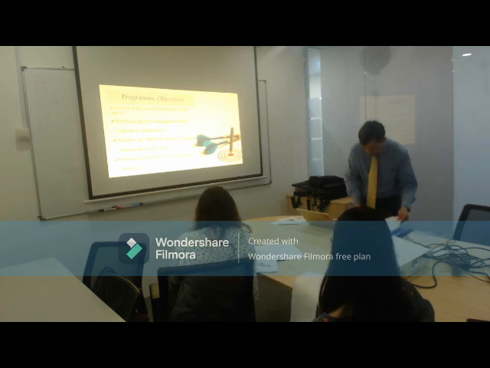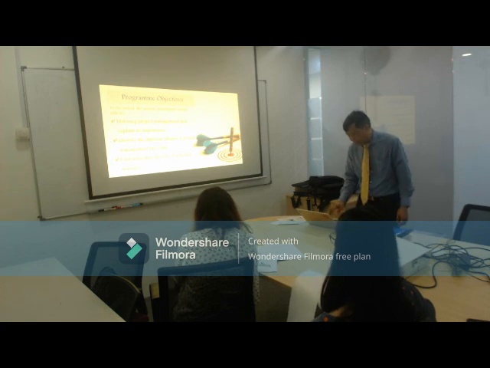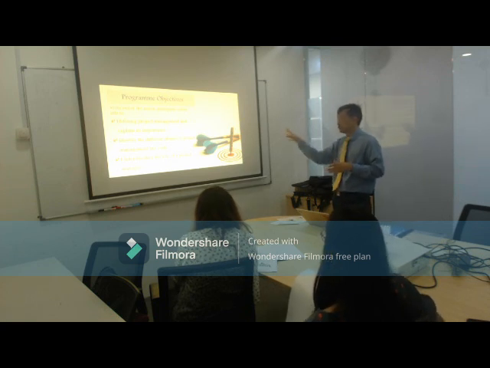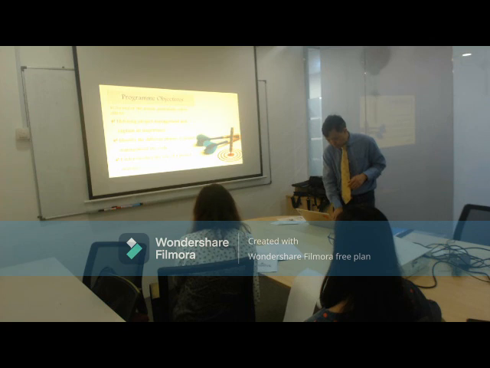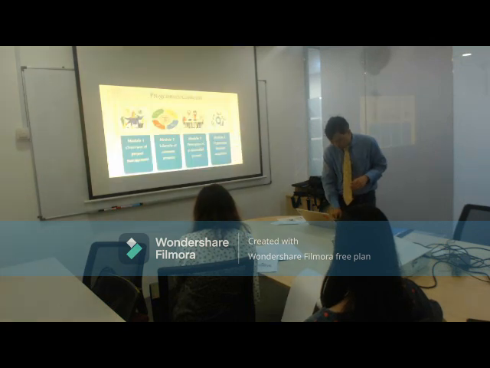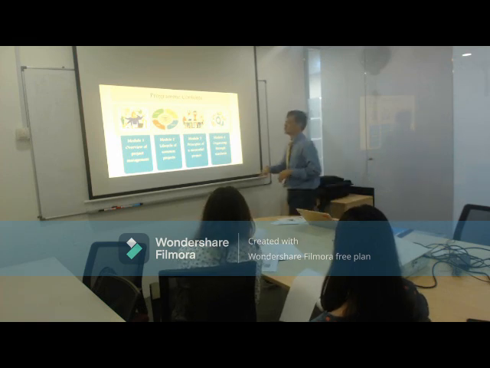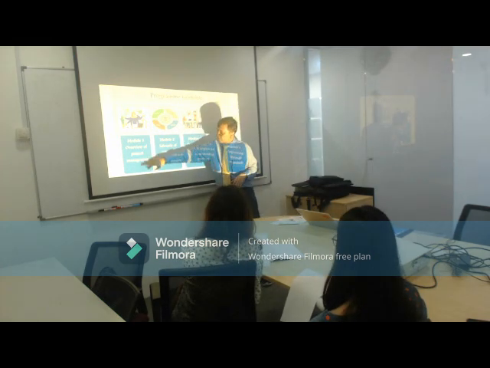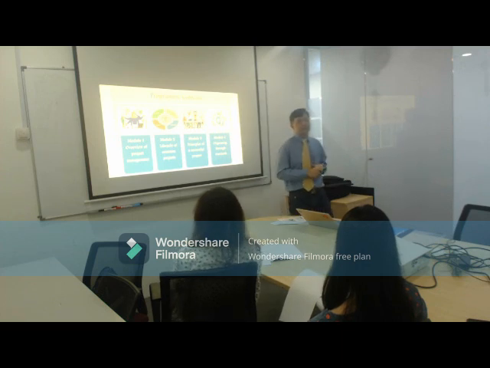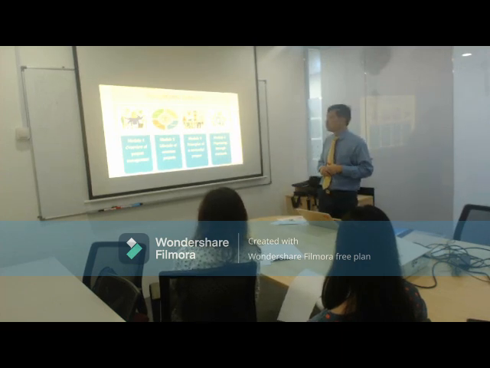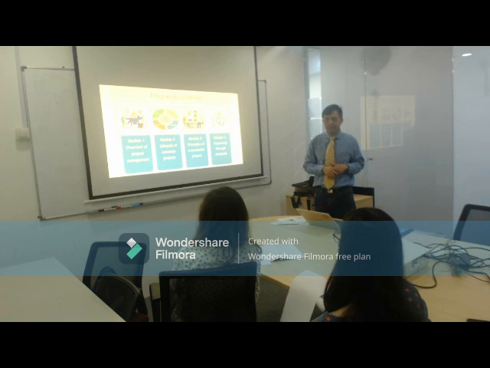Apart from that, there will also be 4 modules all in all. So this is the program objective. There are 4 modules for us to support this. Module 1, overview of project management. We will have a general idea what project management is. Module 2, life cycle of common projects.